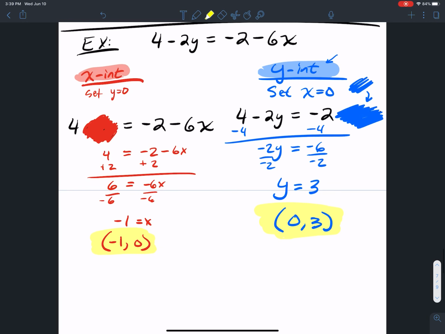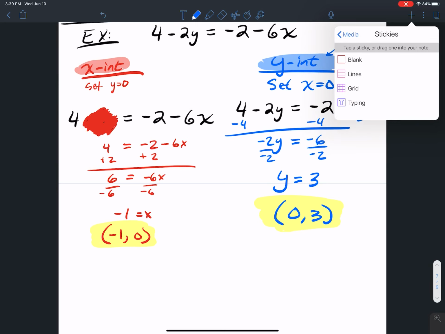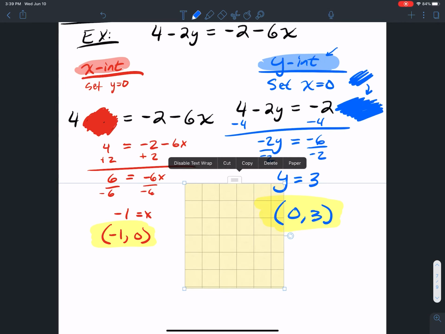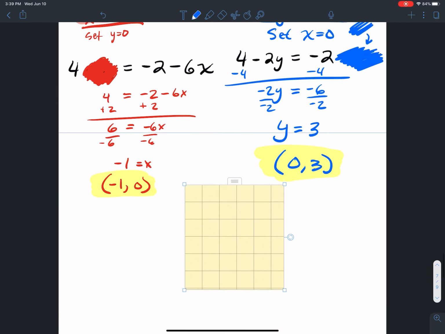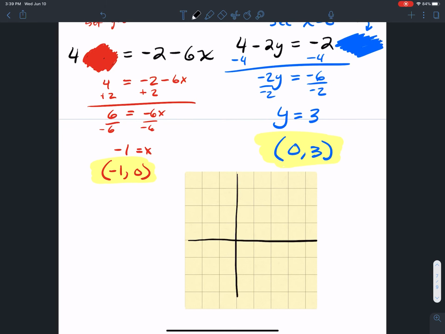So how am I going to graph this? First thing I need is some axes. The intercepts are -1, 0, so I go over to -1, 0.